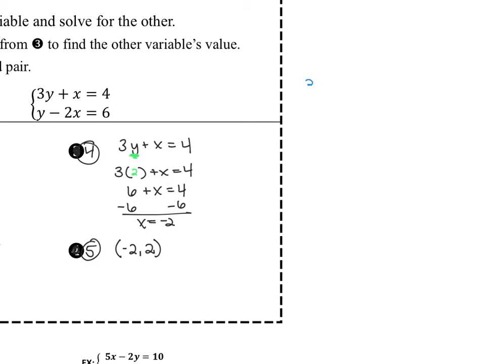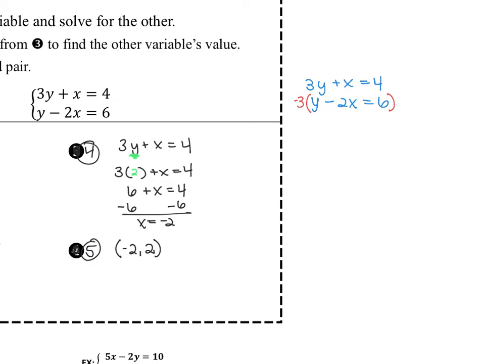Okay, so remember the equation was 3y plus x equals 4, and y minus 2x equals 6. And to begin with, we chose to eliminate x. Well, if I wanted to choose to eliminate y, I would multiply this entire equation by negative 3.